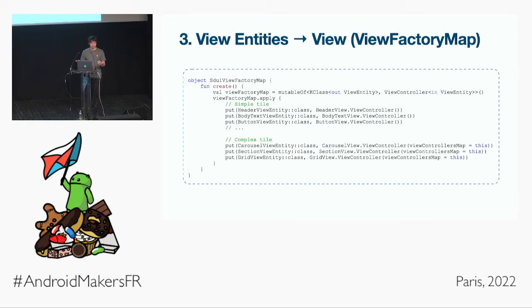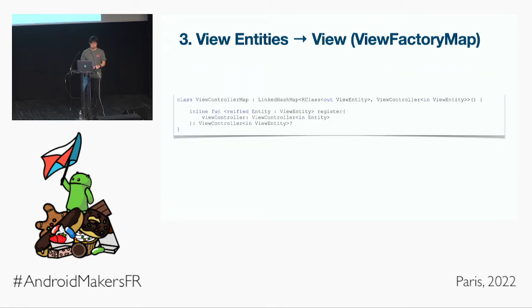But as everyone loves Kotlin and syntactic sugar, we came up with this sugar syntax. We create a view controller map that extends a LinkedHashMap. And this LinkedHashMap has a method called register. And this register basically just puts the entry in the hash map. As you can see, we have the reference of the entity class. But in order to get this reference, you need to add inline and reified.